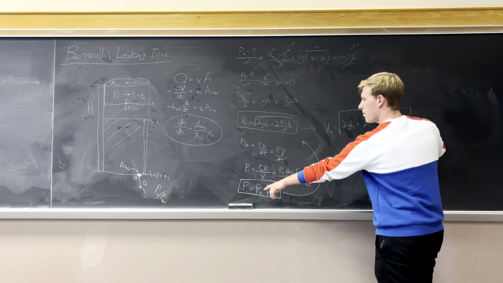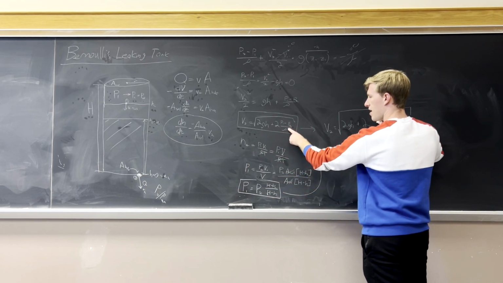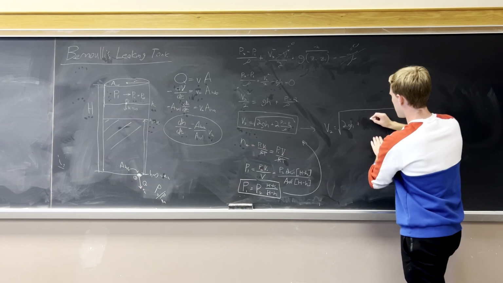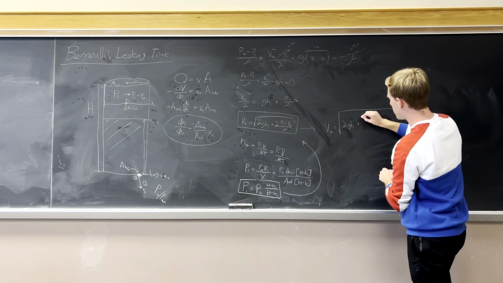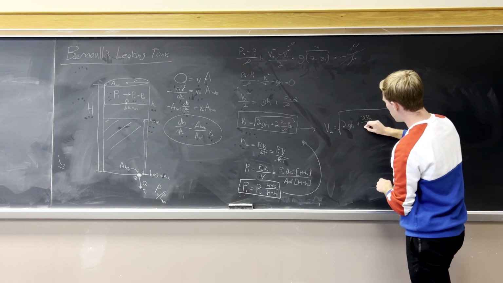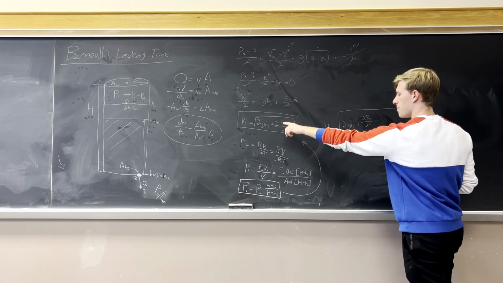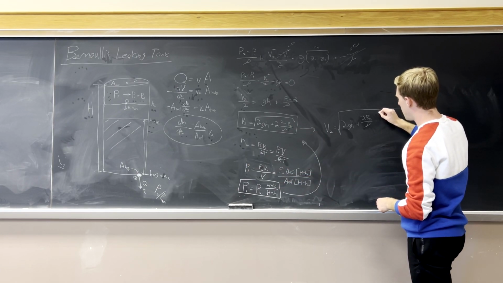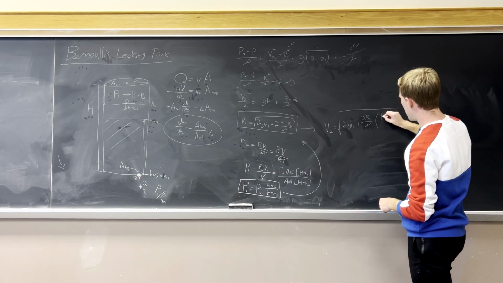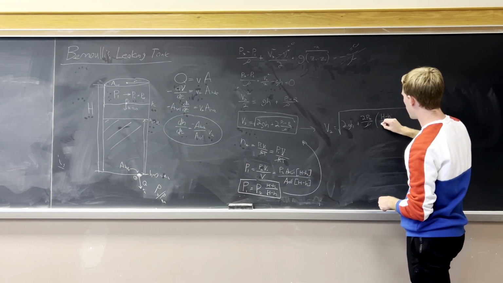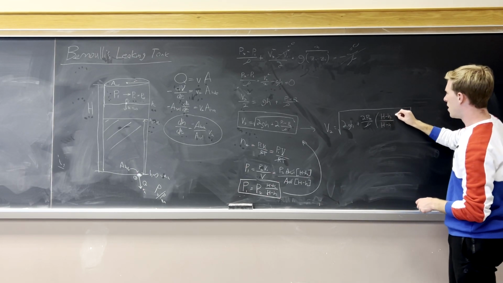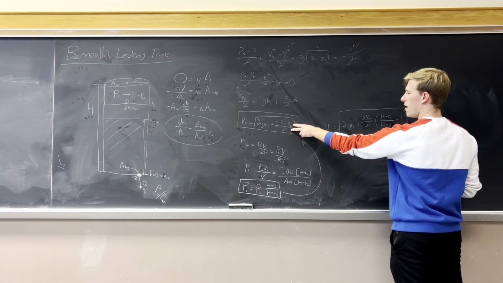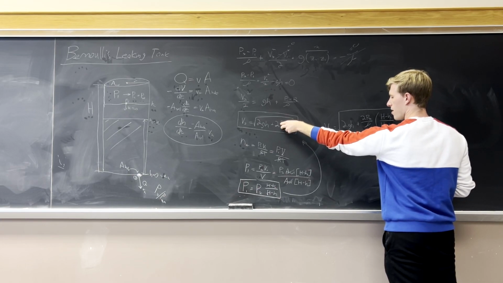Multiplied by, well, P1 is P2, so I can factor a P2 out, and I can factor a rho out from both of these. So I can have 2, I'll put this on top, 2 P2 over rho, and then all that's going to be left is the P1, which is the difference in the heights, minus, well, we already pulled that out of there, so that's going to be parentheses H minus H initial over H minus H, subtracted from 1, because we're pulling P2 and rho out of this right here, and P2 and rho out of this right here.